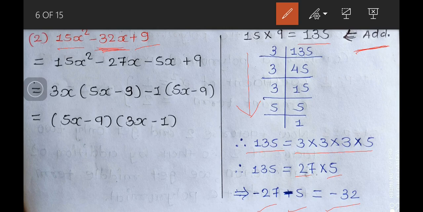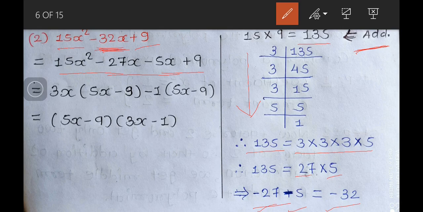So here we will split the middle term with both signs. So we get 15x square, and now we split 32x as minus 27x minus 5x. Again, as we studied, we make groups of two terms.